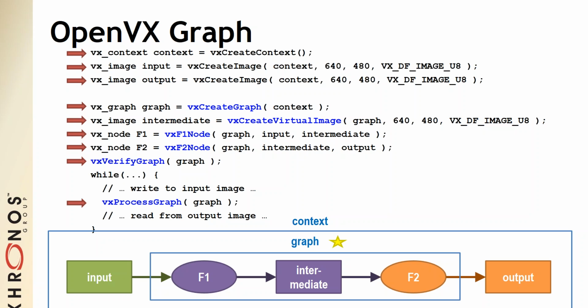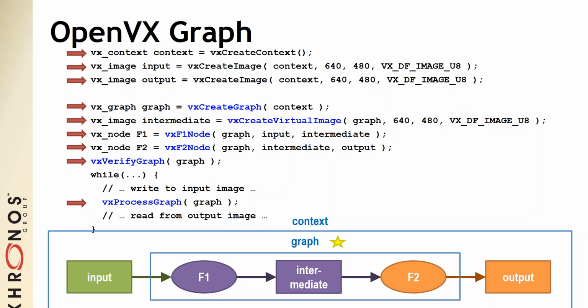Finally, you just process the graph in a loop. Take an input, copy it into the input image, process the graph, and read the output coming out of the image. It is that simple. And you can also have multiple graphs sitting inside a context. This is a simple hello world example. We're going to look at some more complex examples later.